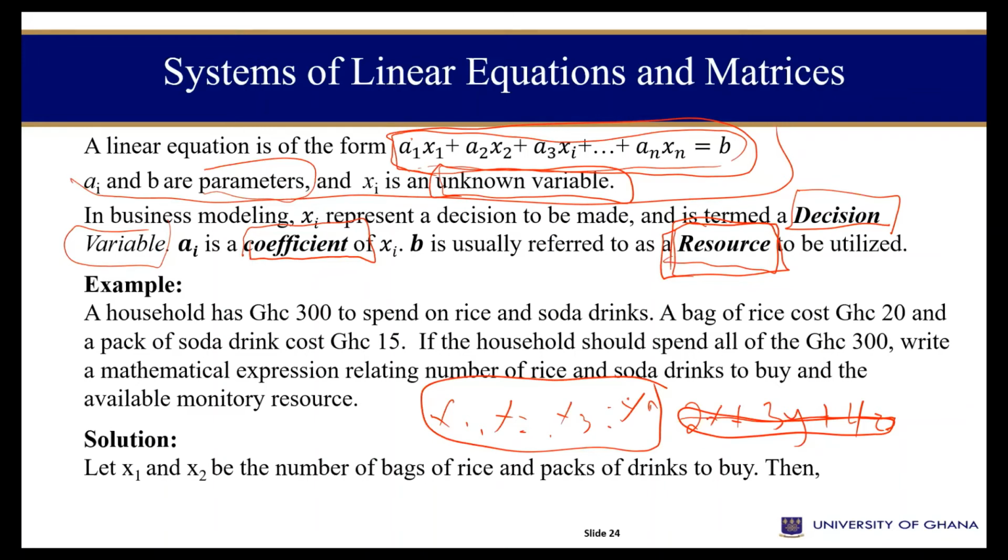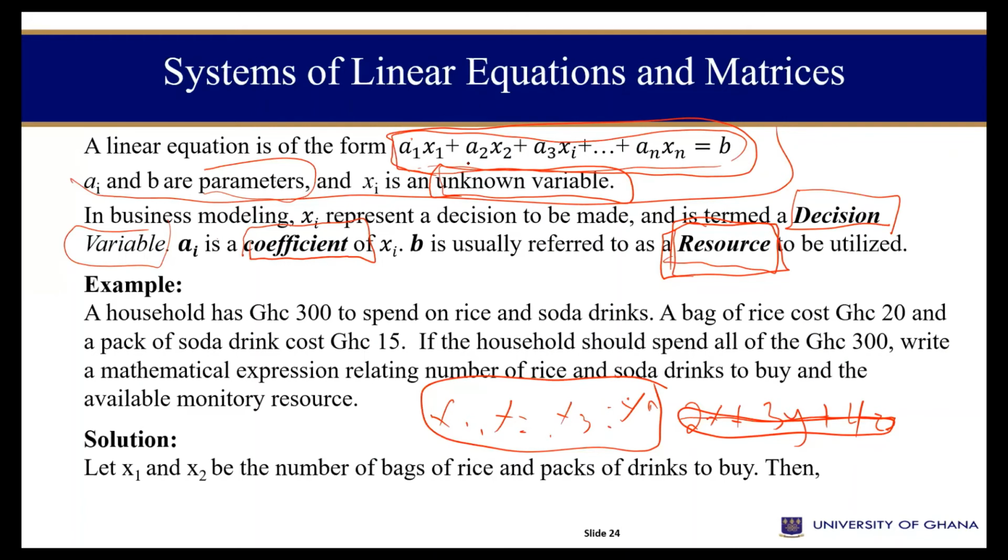I'm saying that anytime you have an equation written as this, there is information that you have to identify. And in business modeling, we have to identify these items specifically within the equation that we have. We have what we call decision variables. Like I said, you go to the mall, you want to buy Coke, you want to buy Fanta, you want to buy something else.